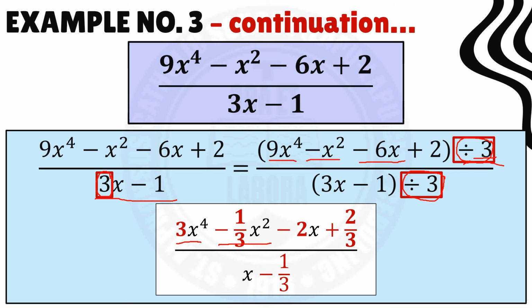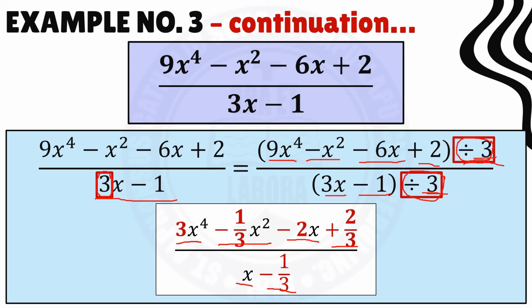Negative 6x divided by 3, that is negative 2x. 2 divided by 3, that is plus 2/3. Same will follow to your divisor. 3x divided by 3, that becomes x. Negative 1 divided by 3, that is minus 1/3.